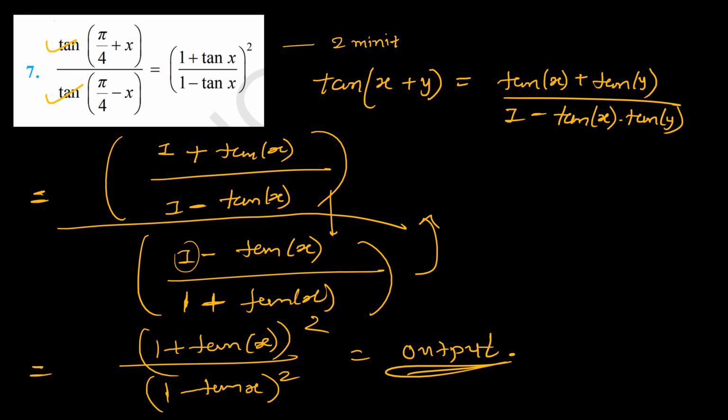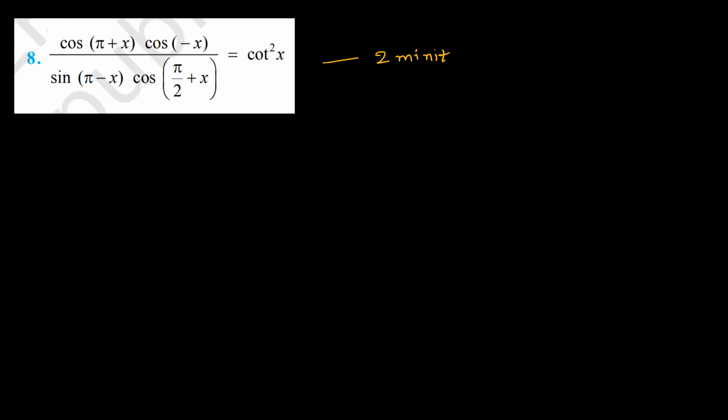Let's move on to the next one. This is a very easy one. Here not even 2 minutes are required; within 1 minute you can get the output. If you see my previous video on trigonometric basics, pi plus x means the third quadrant, so it will be minus cos x, and cos being an even function, it will give cos x.